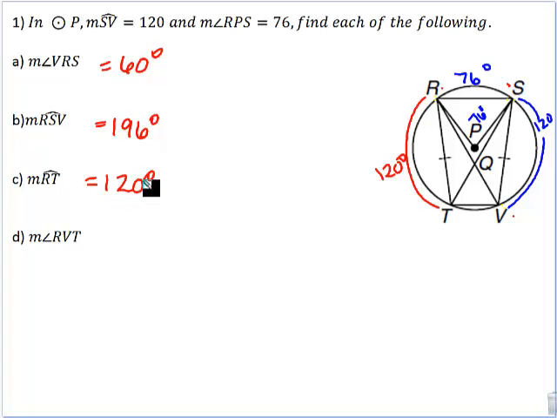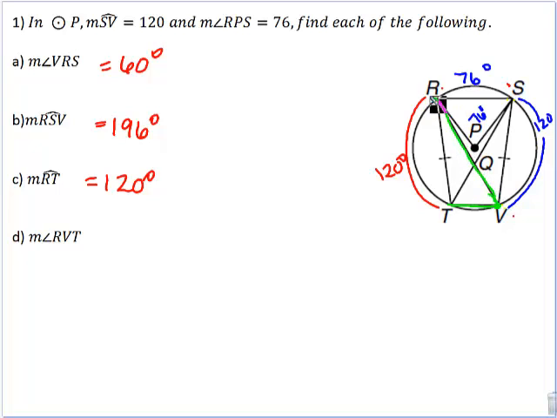And so then the measure of angle RVT. So RVT, so this angle. Did you say 196 plus 76? We would not have to do that. V here, would this be inscribed? Yeah, it's on the circle. So you have to take a look and see what arc that intercepts.